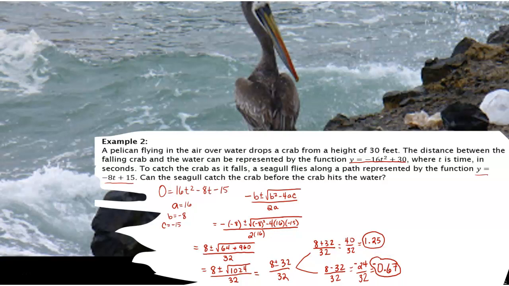If you remember the question, we're looking at whether the seagull can catch the crab before it hits the water. In this case, at 1.25 seconds, the seagull and the crab are at the same location.